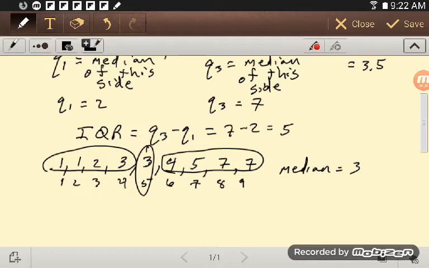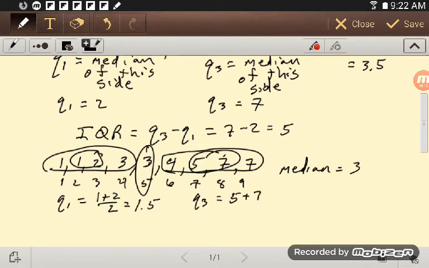To get our Q1, we need 1 plus 2 over 2, or 1.5, because it's the median of those 4 numbers. Similarly here, Q3 is 5 plus 7 over 2, because it's the median of those 4 numbers, and that's 12 over 2, or 6.